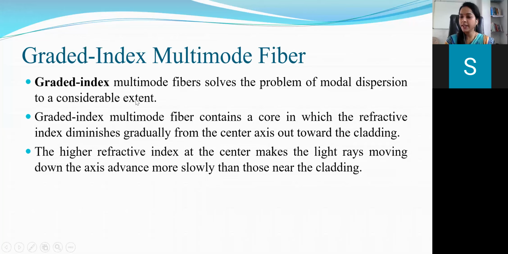Okay, so what is graded index multimode fiber? Here in core and cladding, as we have seen, if we have multimode optical fiber, we have different refractive indexes for core and cladding. So here in graded index, as the name says, graded means the refractive index decreases gradually from the center of the core to its outer layers. That's why it is called graded index multimode fiber, and this is very difficult to design.